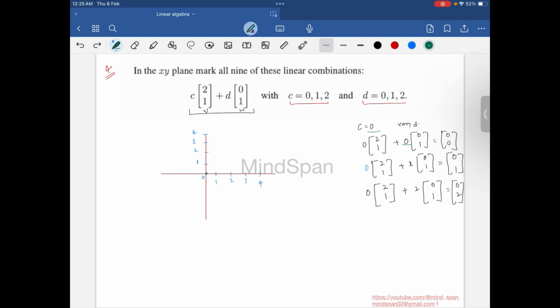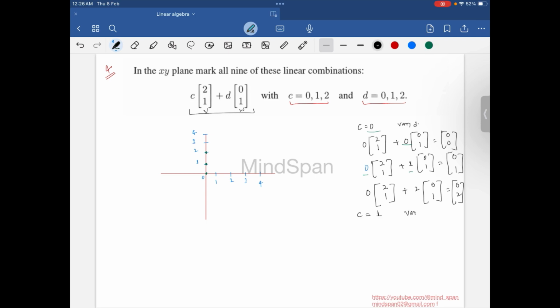And again with c equals 0 and d equals 1, we will get 0 1, so we will get this point. And with c equals 0, d equals 2, we will get this point, right?